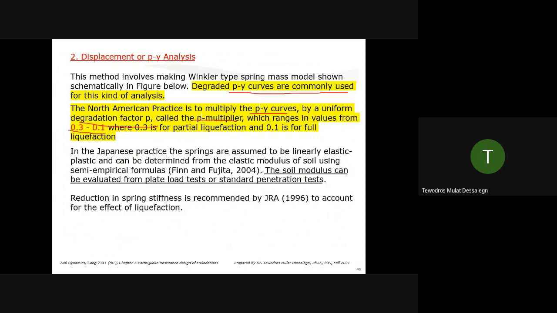Or on average, if you take 0.2, that's like 80% reduction. In the Japanese practice, the springs are assumed to be linear elastic plastic and can be determined from elastic modulus of soil using semi-empirical formulas. The soil modulus can be evaluated from plate load test or standard penetration test.